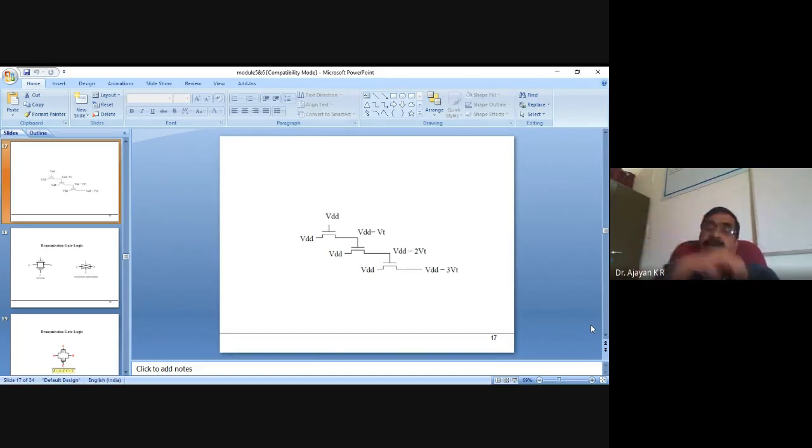Even if you are taking VDD equal to 4 VT, 4 VT minus 3 VT is VT. That is the highest. This is for 1. Now you take a PMOS switch. PMOS switch 0 is VT. So a PMOS switch and NMOS switch have the same voltage for 1 and 0. This is a problem that you are going to face when you are cascading pass transistor logic.